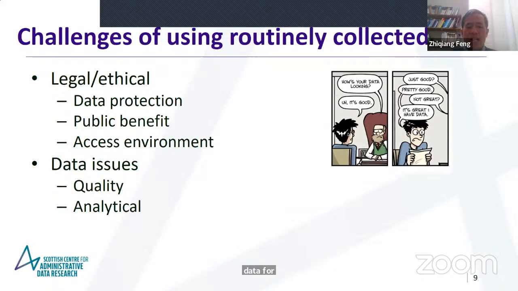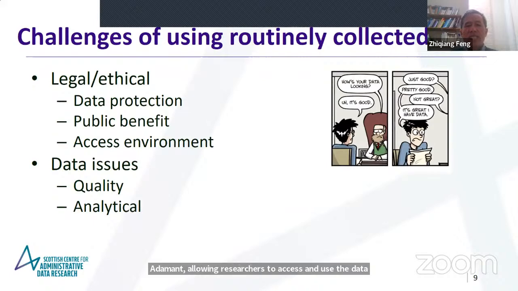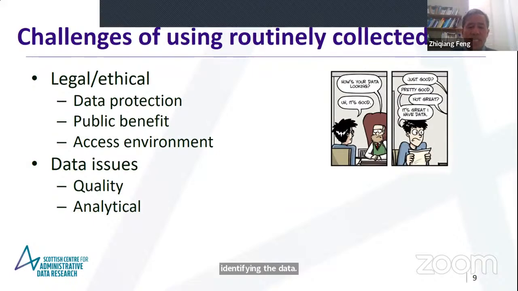This is a key element allowing researchers to access and use the data. And we have to make the data safe by de-identifying the data. And also we need to make the project safe.